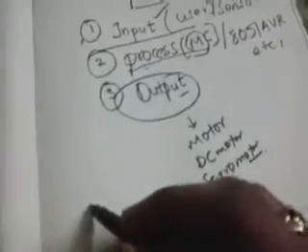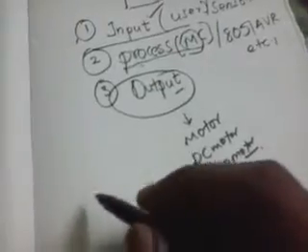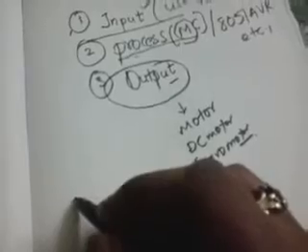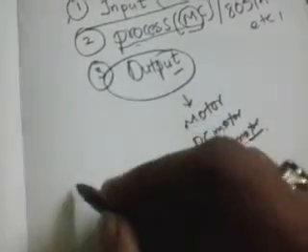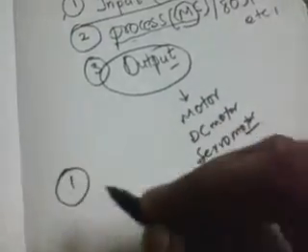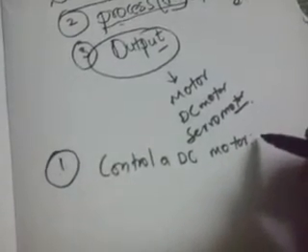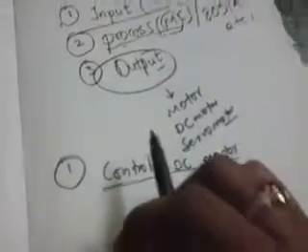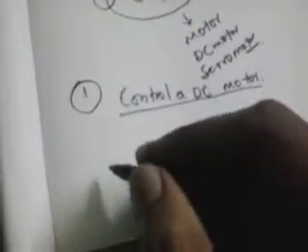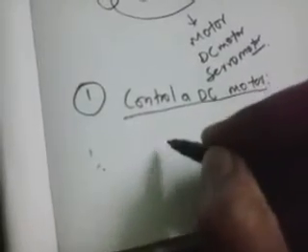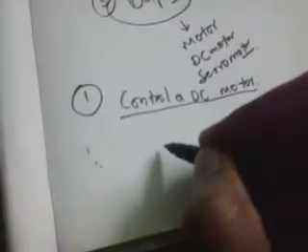So let us take some real-time examples. For example, I have an application to control a DC motor. How to control this DC motor? We need to first design this system by using mainly three blocks.